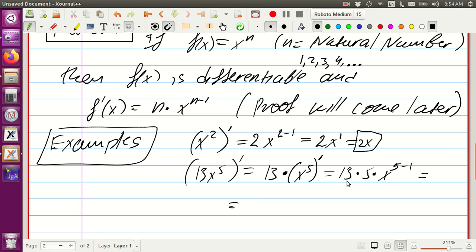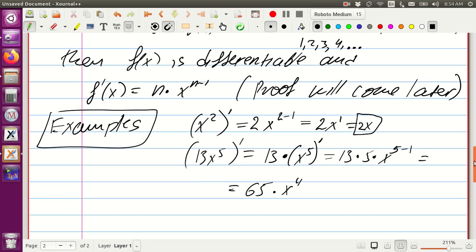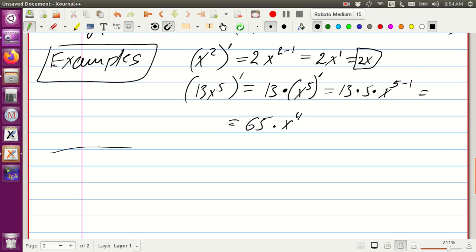So 13 times 5 is 65, times x to the 4. That's how this power rule applies. But so far it only works for integers; we'll try to modify it to work for a lot of different numbers. We're going to come back to it later.